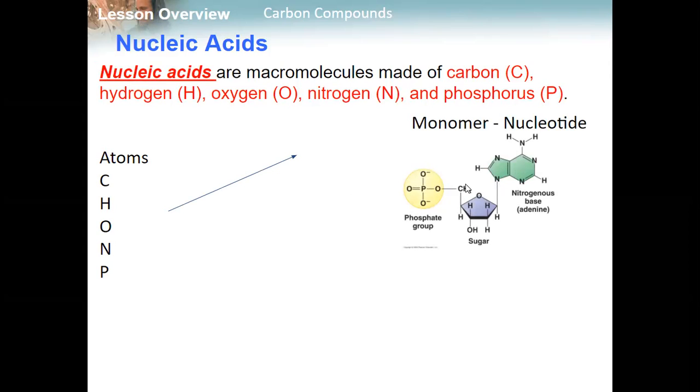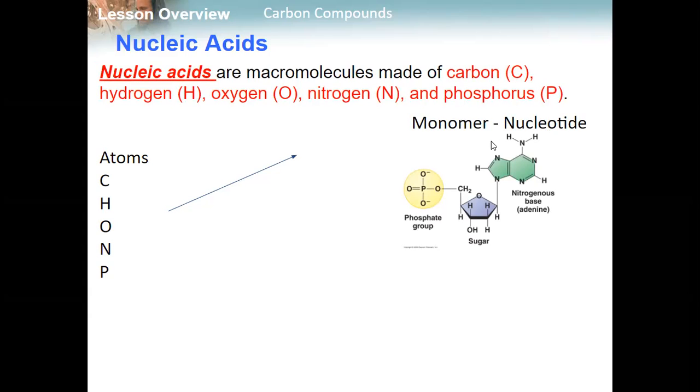Remember, a monomer is just like one puzzle piece, and you put a bunch of puzzle pieces together to make a whole picture. And here we have one nucleotide, and I can see it's made up of those atoms. I see carbon here, I see hydrogens all around, I see oxygens, a bunch of nitrogens, and here's a phosphorus. So if I put those atoms together in this arrangement, it makes a nucleotide.